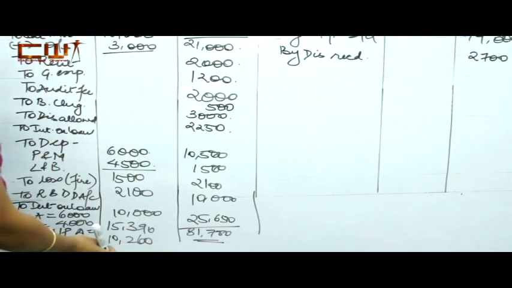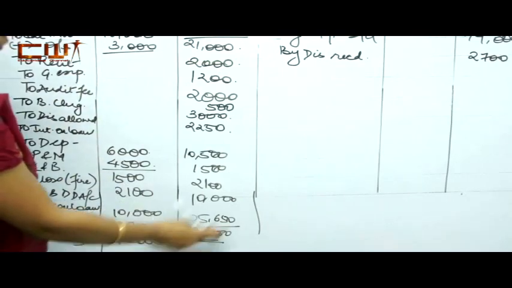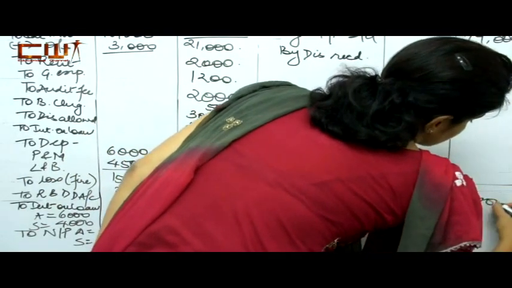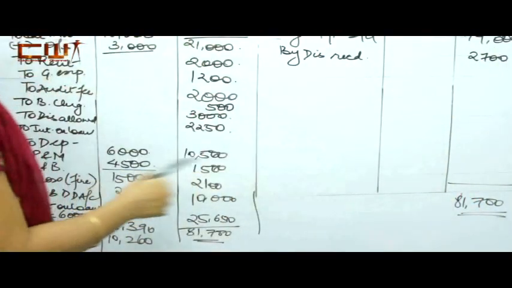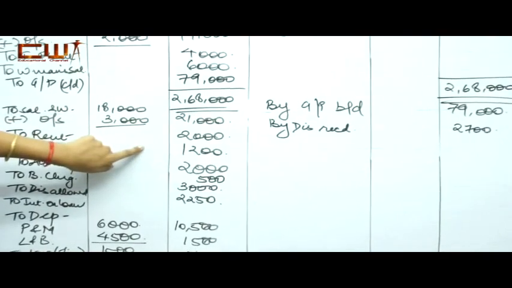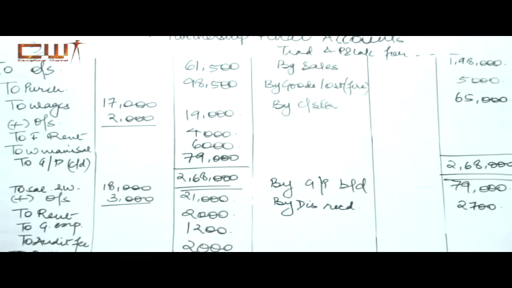This net profit will be transferred to the capital accounts. This is 81,700. This also will come 81,700. So this will be balanced. We have prepared the trading account and profit and loss account. Let's prepare the interest on capital and balance sheet of the problem.